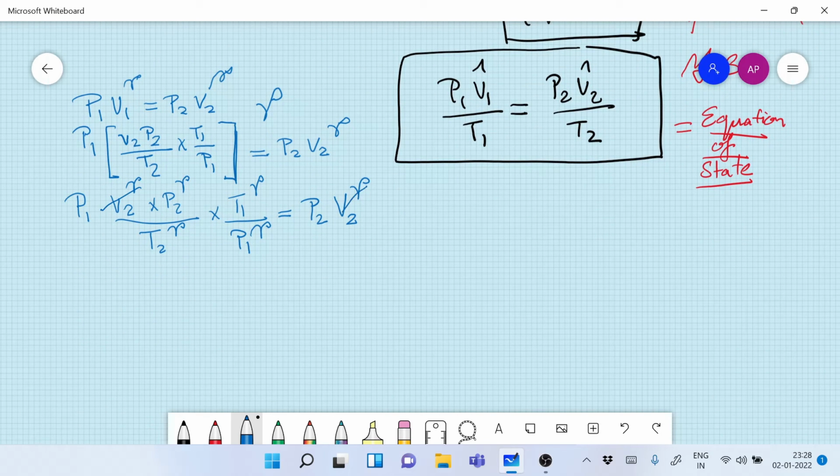V2 raised to gamma gets cancelled, and we are left with P1 by P1 the whole raised to gamma is equal to P2 by P2 the whole raised to gamma into T2 by T1 the whole raised to gamma.